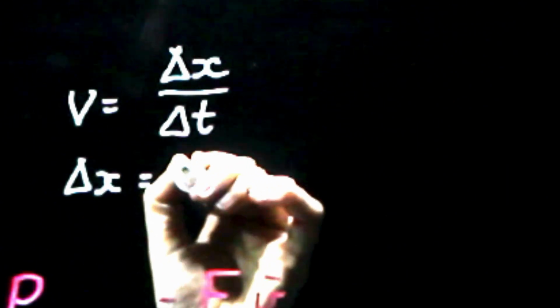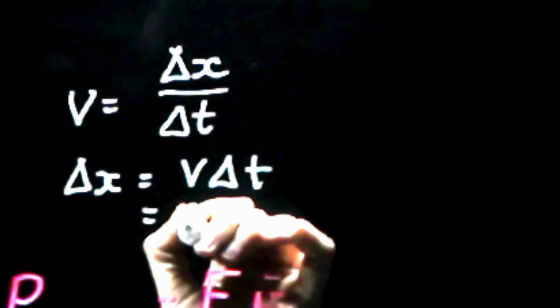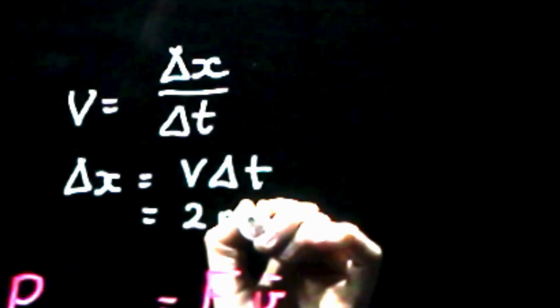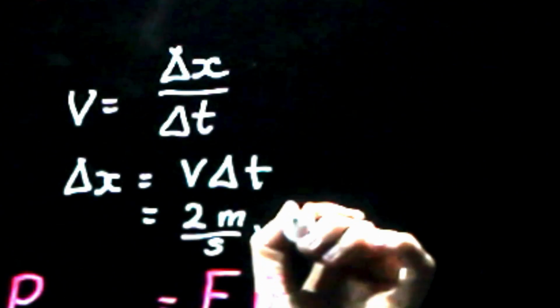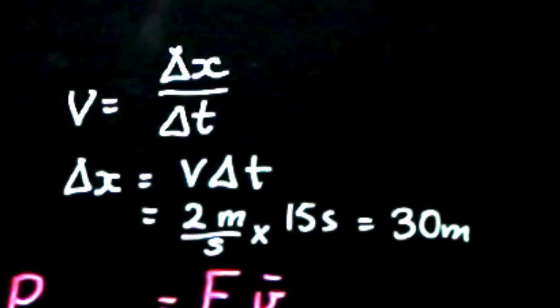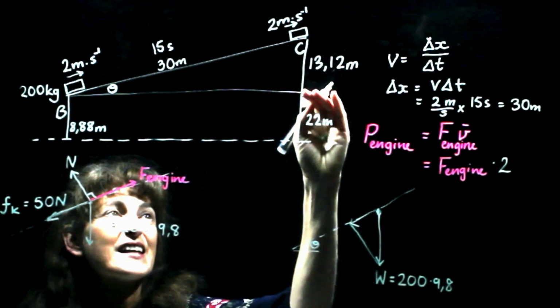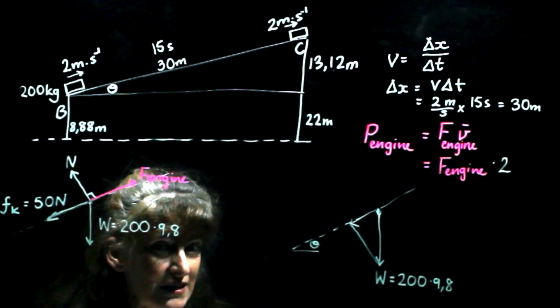So displacement is equal to velocity times time. 2 meters per second times 15 seconds gives us 30 meters. So this hypotenuse is 30 meters. The height here is 13,2 meters.